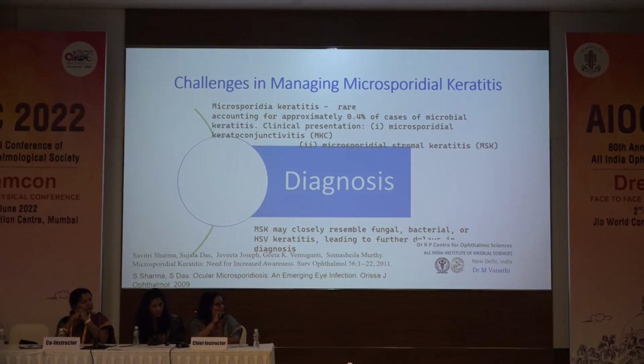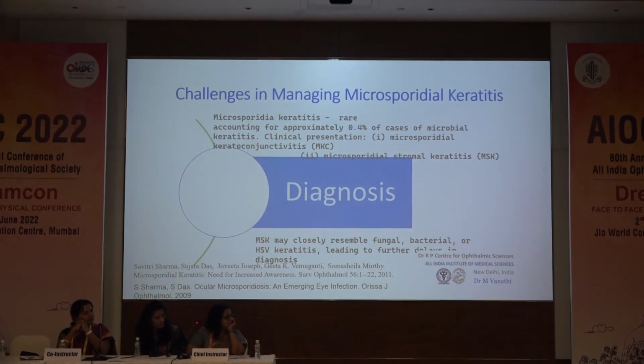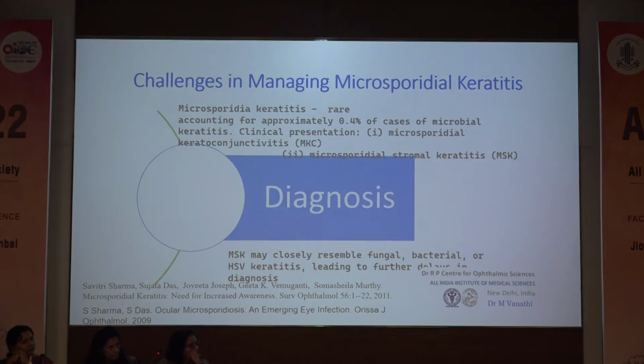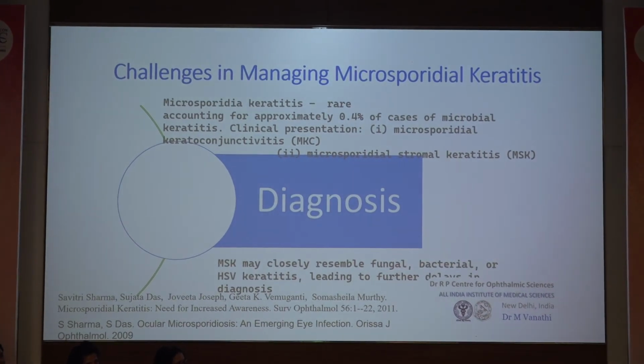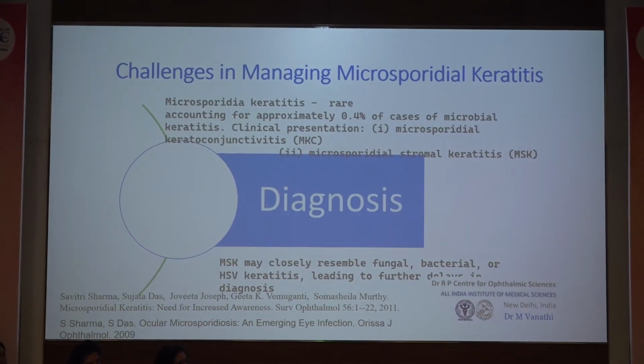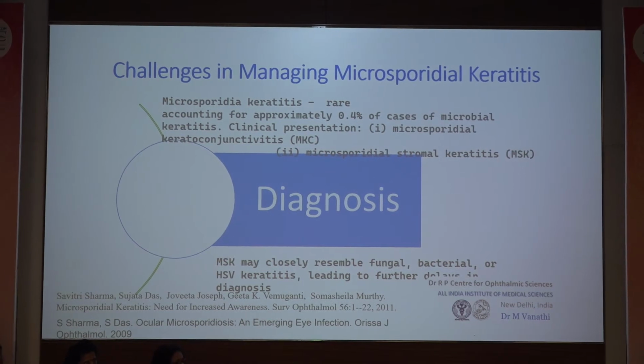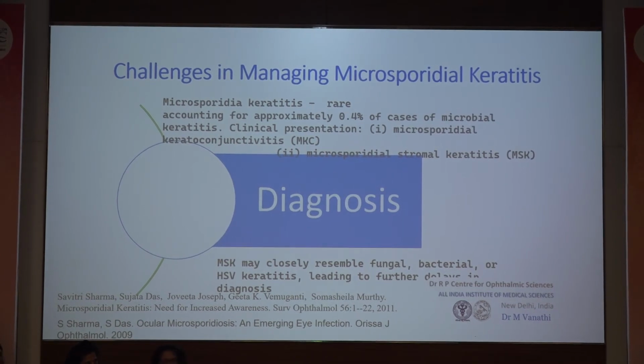I have been in cornea for over 2 decades now, but I still have difficulty placing microsporidial stromal keratitis at the top of my diagnosis list, and I'll be honest about it. Probably I'm missing it, or more so it's because we are in a tertiary care center, and by the time the patient comes to us, they have been handled by multiple corneal physicians, so I cannot make a straightforward textbook diagnosis of microsporidial stromal keratitis.